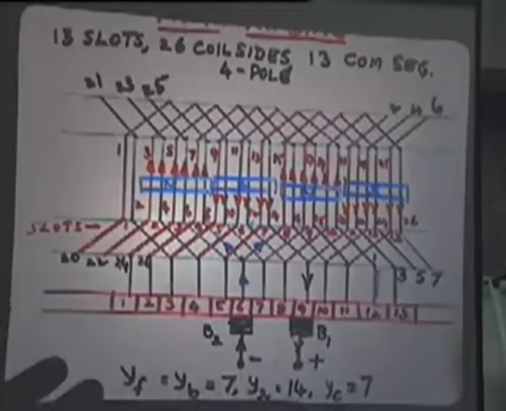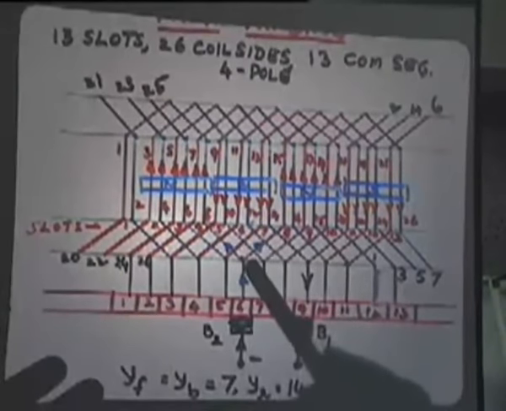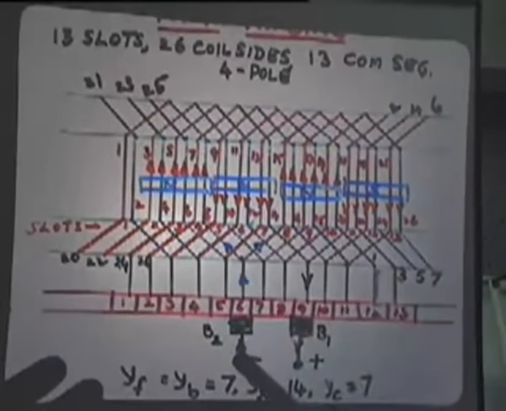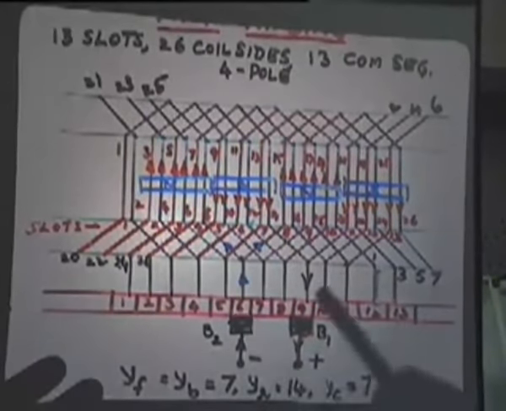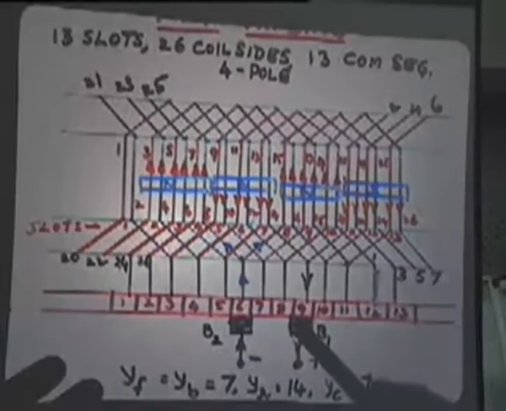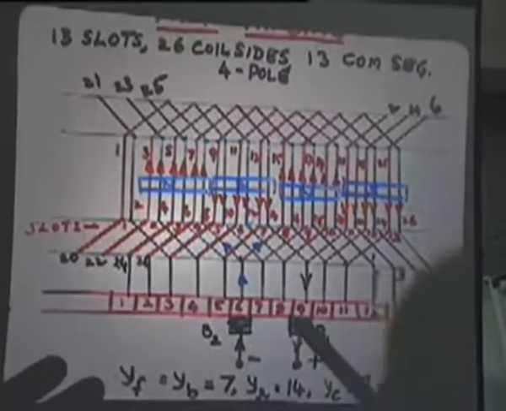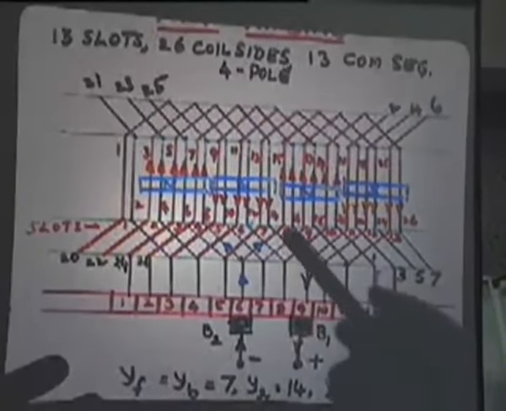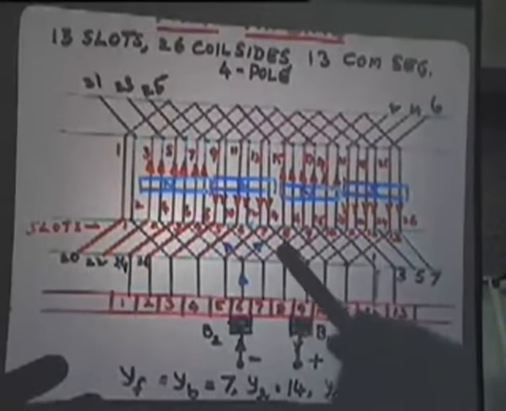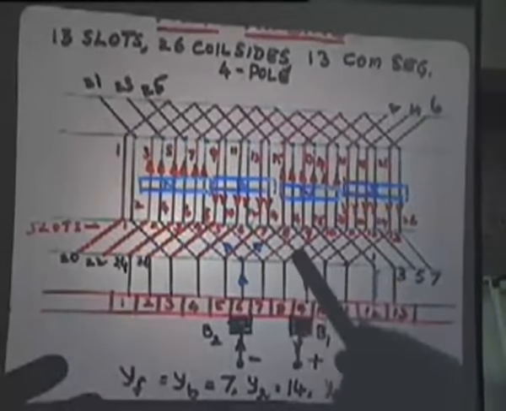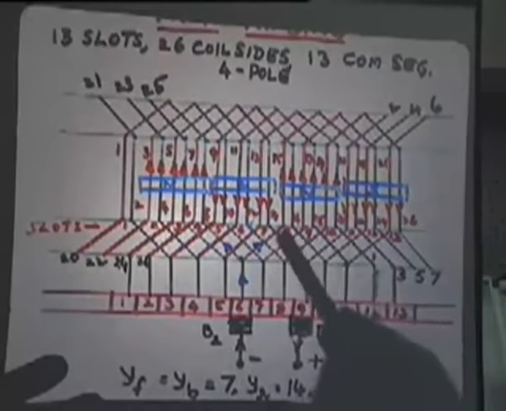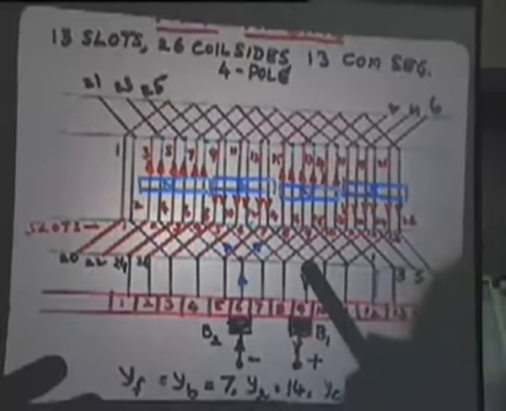Now in this diagram, if we carefully trace the paths, you will notice that the current would be entering here at commutator number 6, and current would be going out at commutator number 9 at this instant, and the coil which is connected to the brush would invariably be in the interpolar region, which is about to change the direction of current.